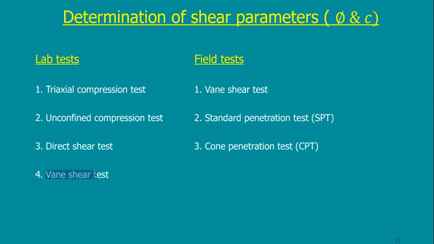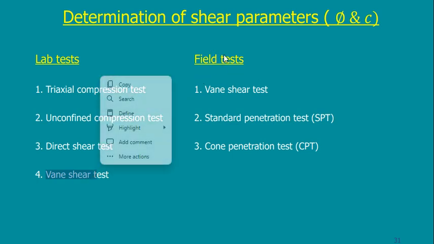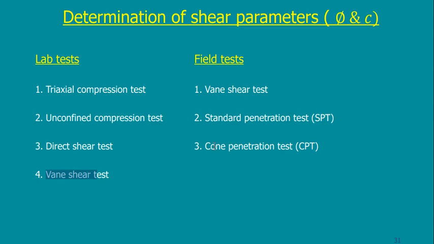But actually, vane shear test should be included with the field tests, so number 4 here is added to the field tests. Maybe vane shear test relates to a sample in the lab, but it is very rare.